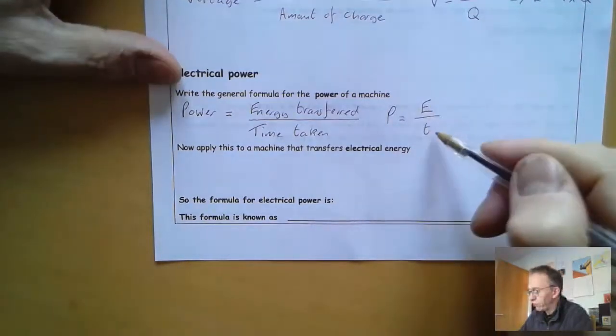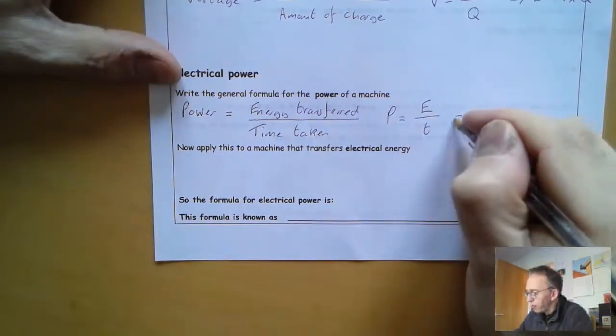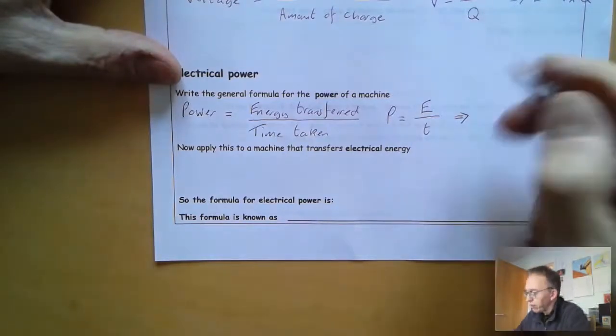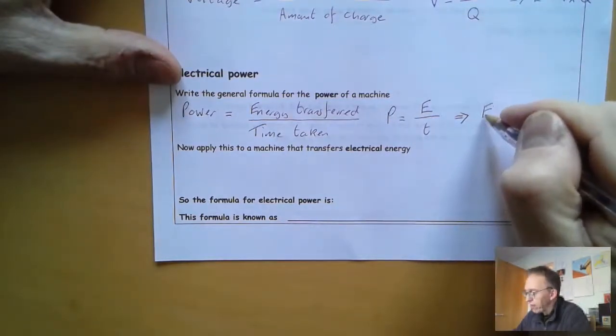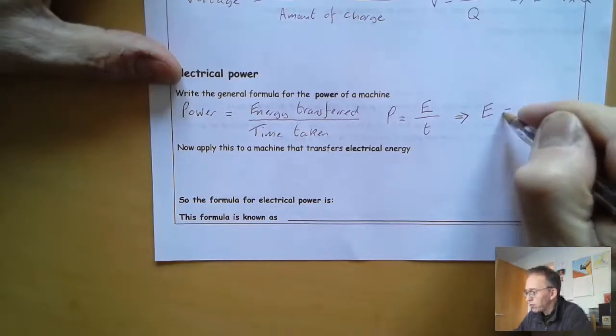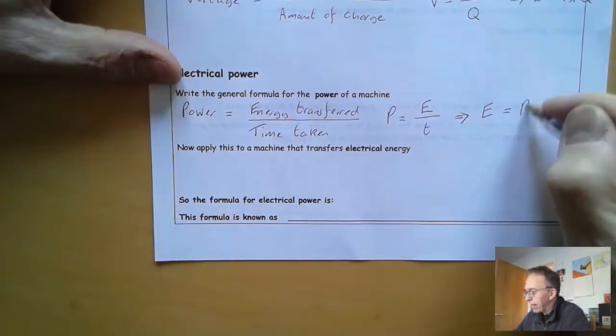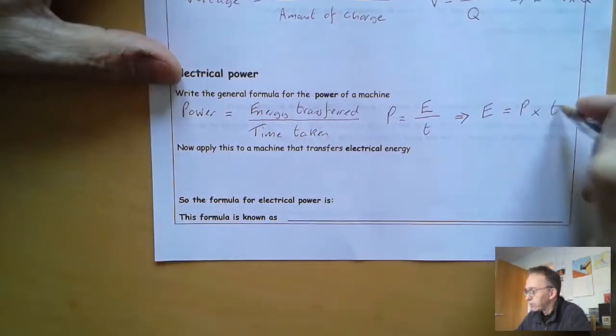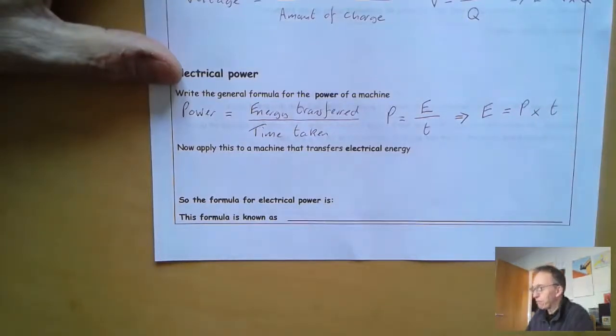P equals E over T. Now, if we rearrange that formula, that would tell us that the amount of energy that's transferred by a machine is equal to the power, which is the amount of energy per second, times the time, which is the number of seconds which that machine works.